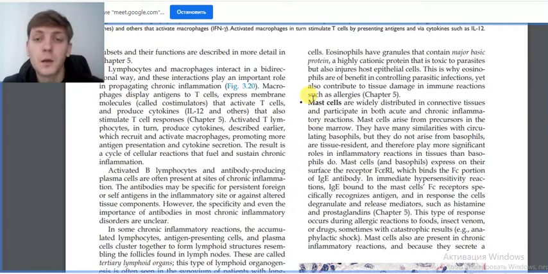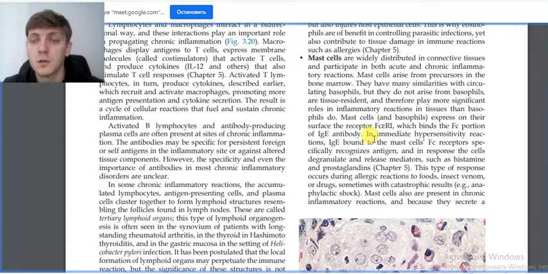Okay. And mast cells. Mast cells are distributed in connective tissue, so they are the basophils of connective tissue. Mast cells produce histamine and heparin, which cause the primary activation of acute inflammation.